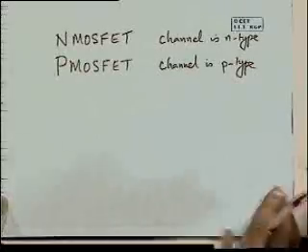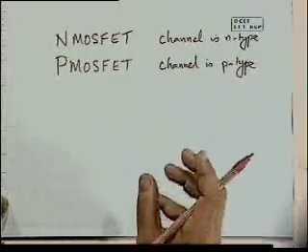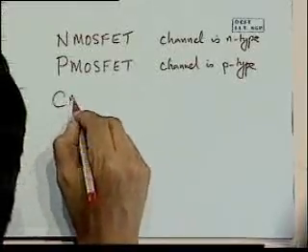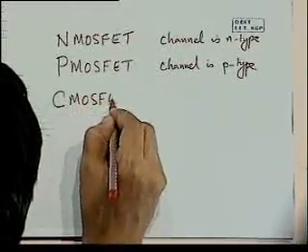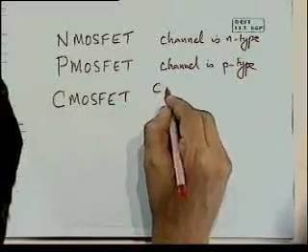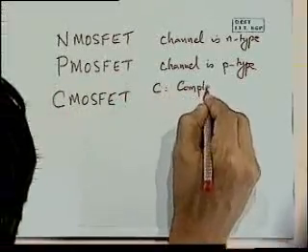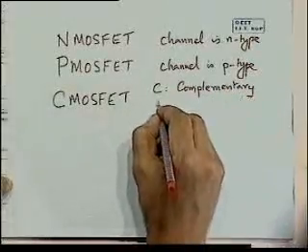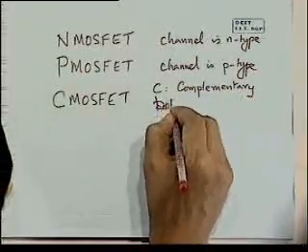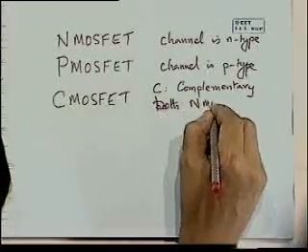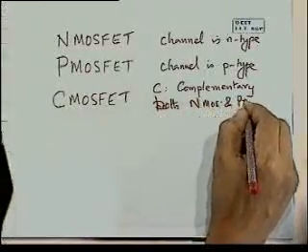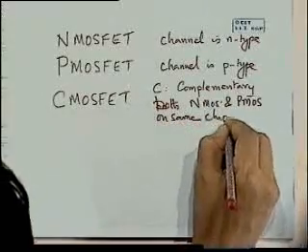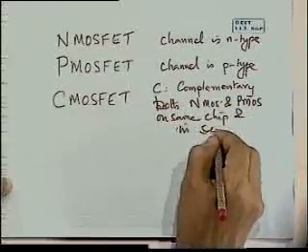And when you have both N and P channel devices on the same chip and used in series, then it is known as CMOS, where the C refers to complementary. That means basically both N MOSFET and P MOSFET on the same chip and in series.